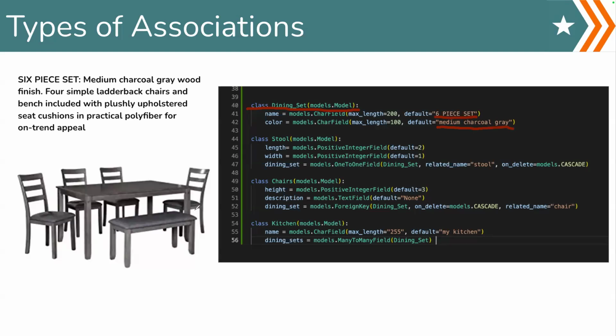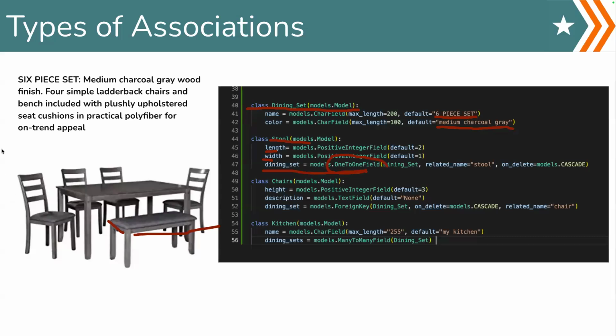A stool, well, there's only one stool per dining set, so I would assume that this is a one-to-one relationship. So here we have our stool, the length of the stool, width of the stool. Well, it's a rectangle, so here's the width and length. That might be something useful for somebody to utilize when they're trying to measure out their dining set in their living room. And then there's the dining set. And you can see here that we have a one-to-one field.